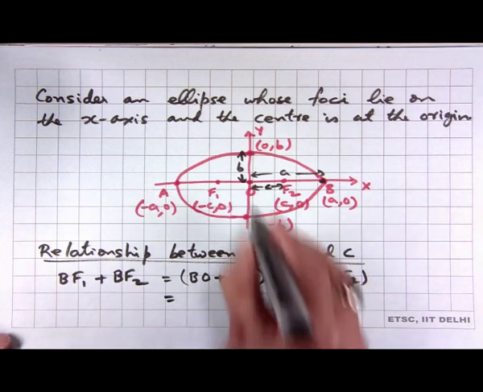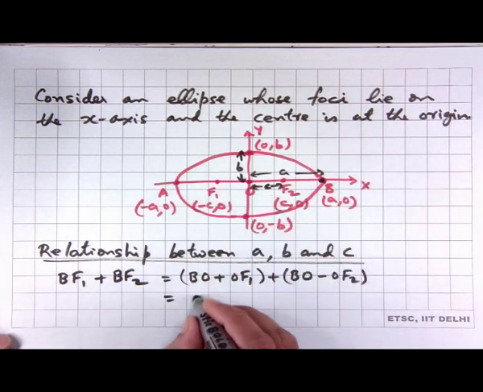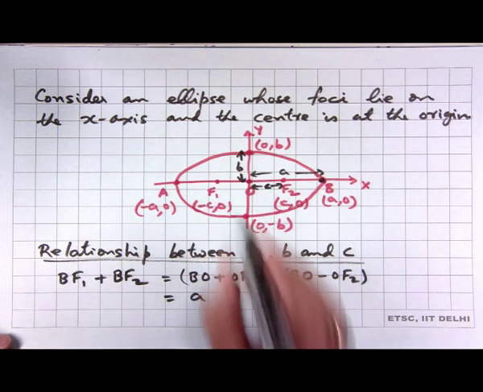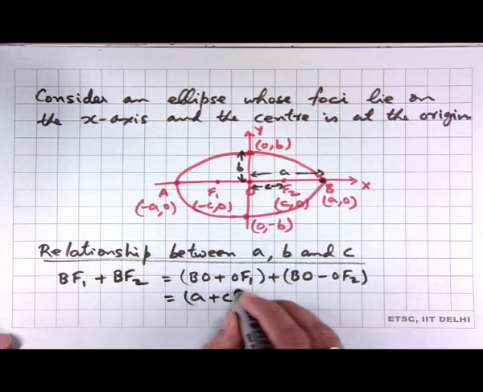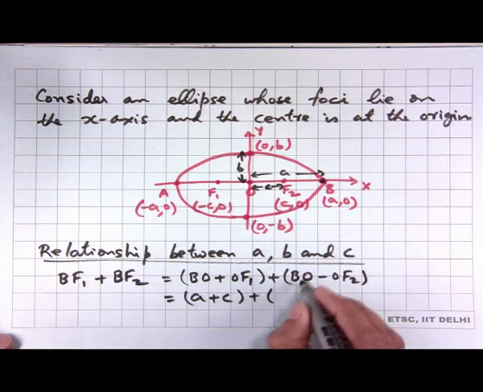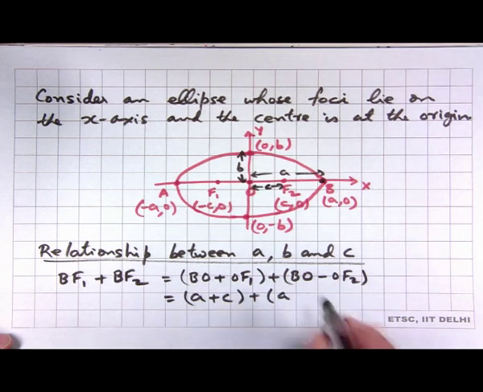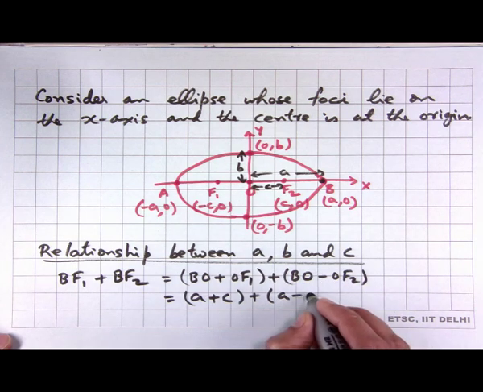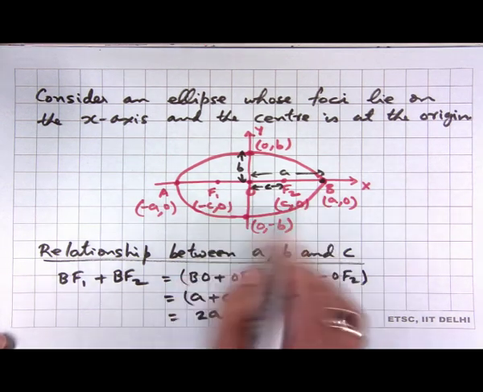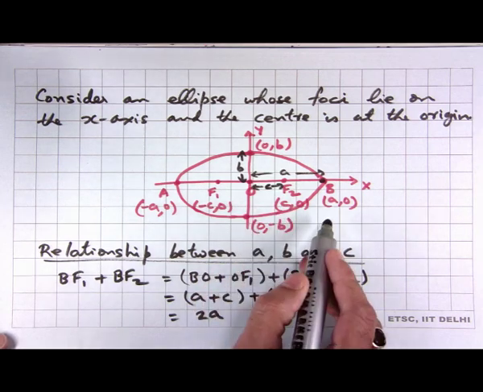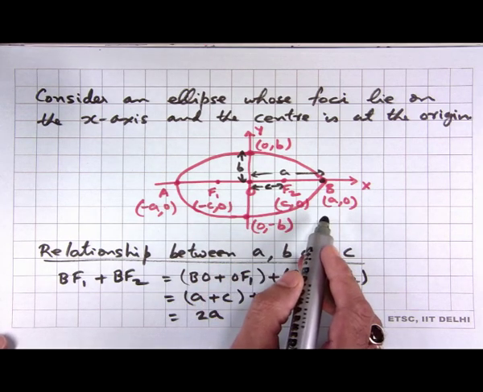The distance of B to O is a, and O to F1 is c. So, a plus c plus a minus c. The c cancels and this is equal to 2a. So, BF1 plus BF2 is equal to 2a.